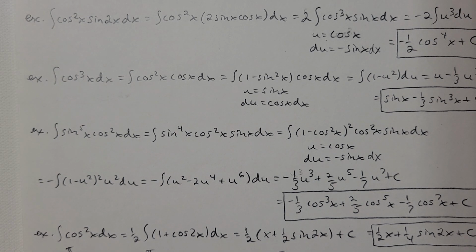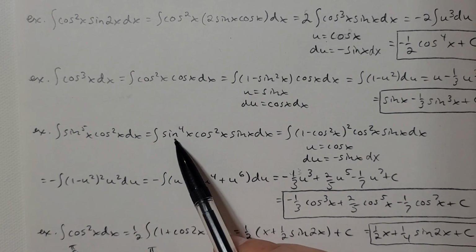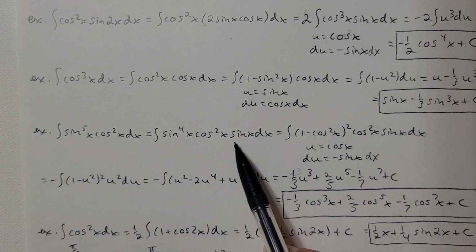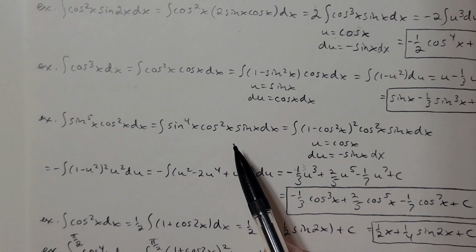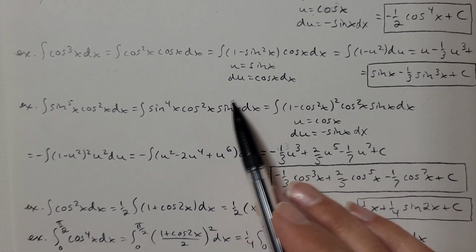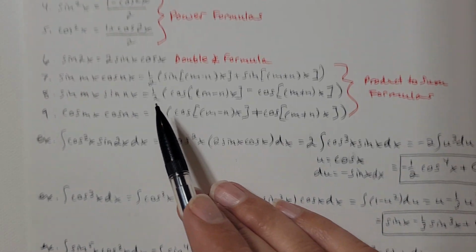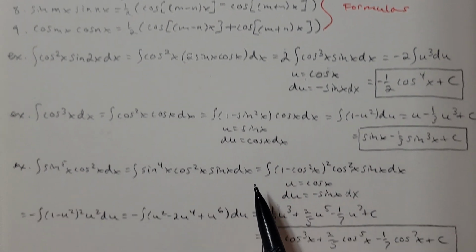But what I could do is, for the sine to the 5th of x, let me go ahead and break away one sine x term. So I've got sine x times sine to the 4th of x, that's sine to the 5th of x. And then let me use this identity: sine squared x is the same as 1 minus cosine squared x.